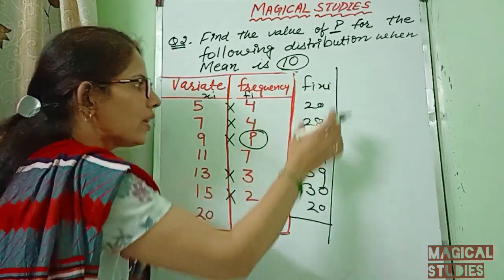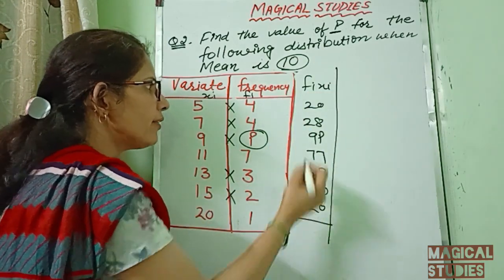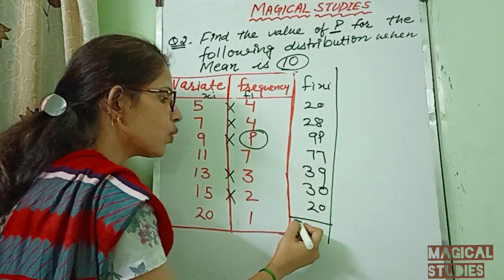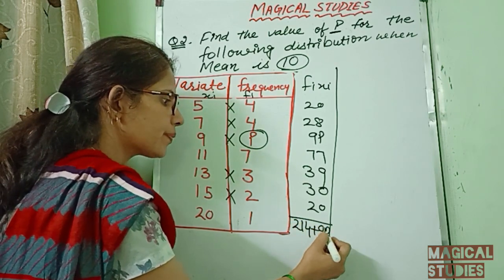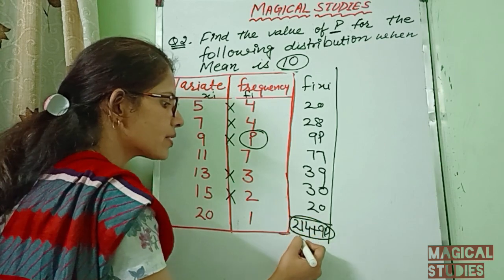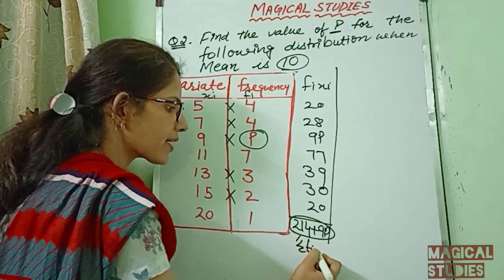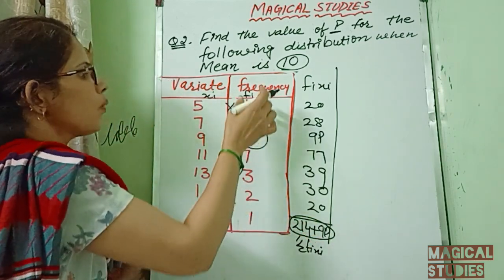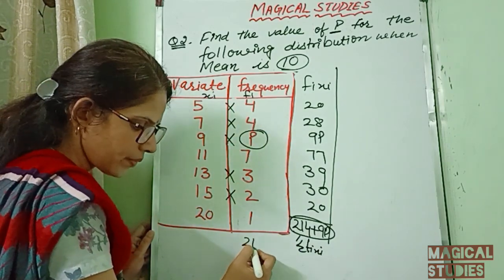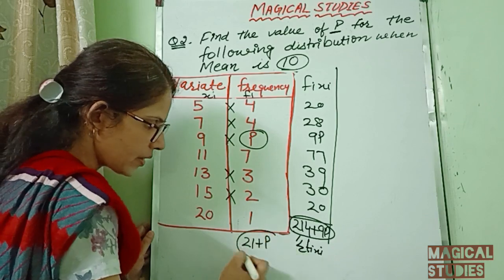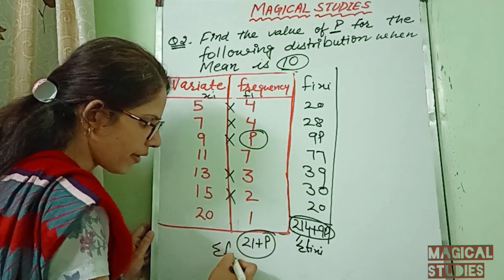Just add all these values. When you add all these values, you will get 214 plus 9p. This is the value of summation of fi xi. And when you add all the frequencies, you will get 21 plus p. This is the value of summation of fi.